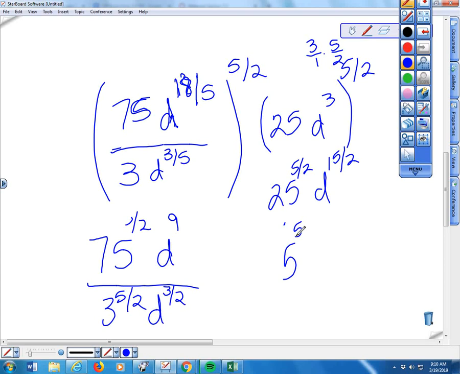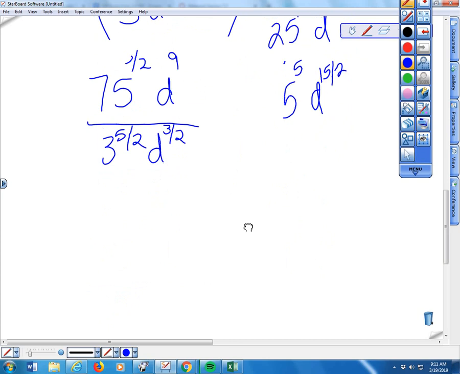And then d to the 15/2. 5 times 5 is 25, times 5 is 125, times 5 is 625, times 5 is 3125. So this becomes 3125 d to the 15 halves. And that's as good as it's going to get.